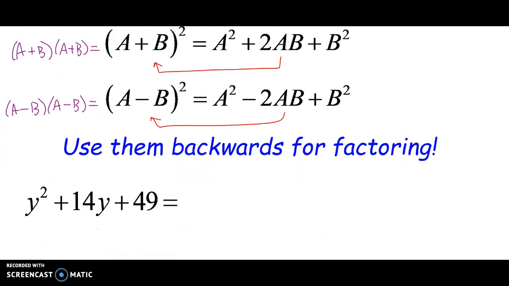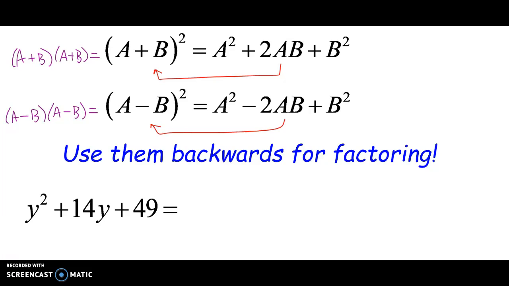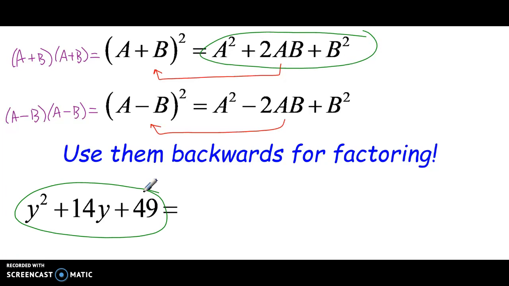So here's an example. y squared plus 14y plus 49. One of the first things you have to do is compare this and this to see if they're the same thing, see if they've got the same pattern. Here you'll see a squared has y squared instead, so apparently a is the same as y.